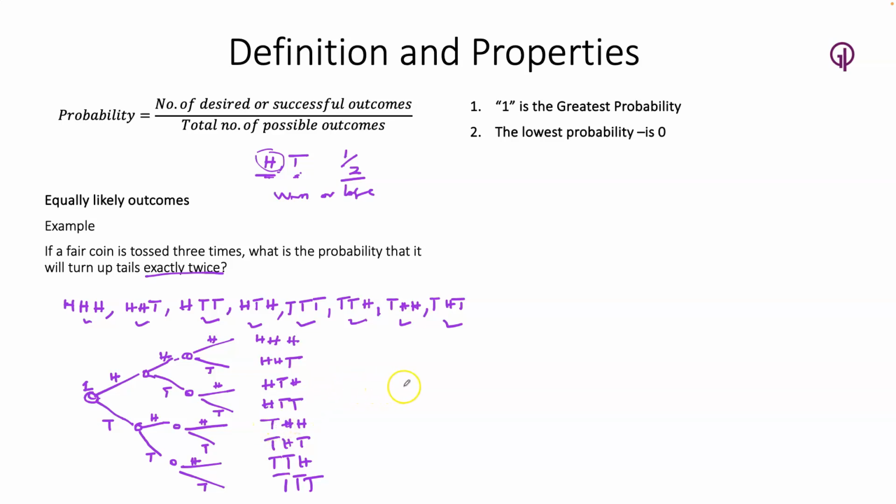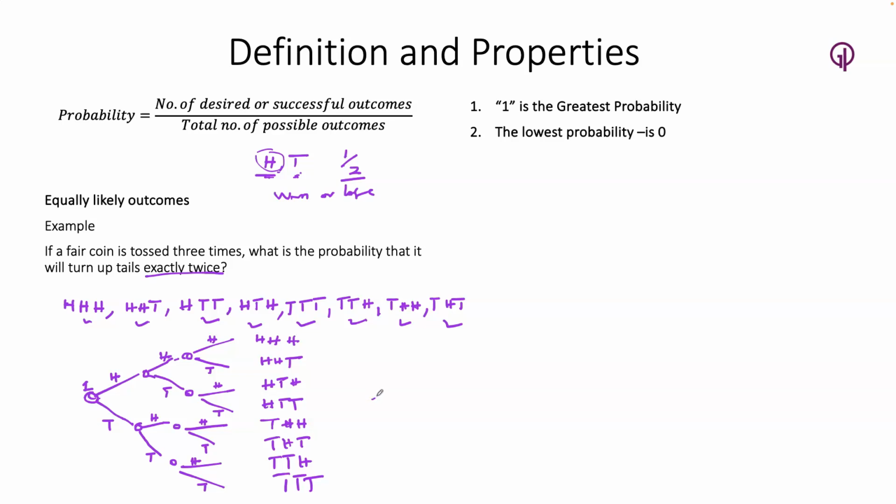Now we can also use the slot method to find the total number of possible outcomes we have. Remember from the previous topic, combinatorics, we studied the slot method.